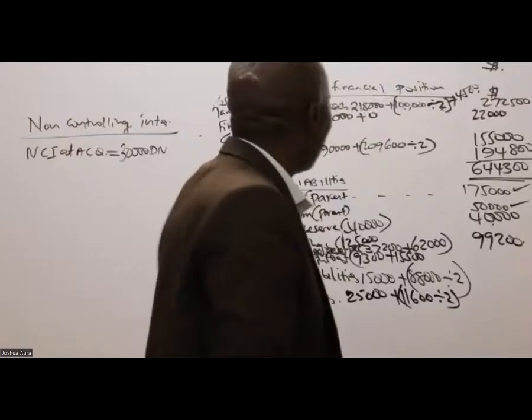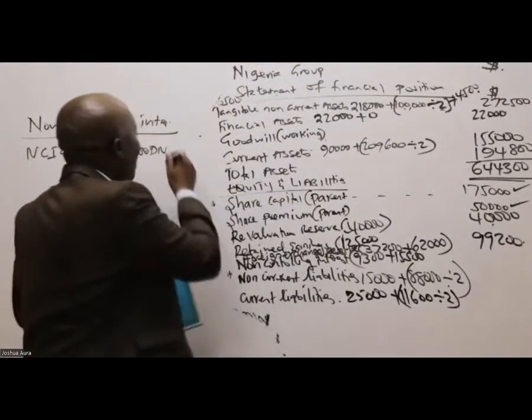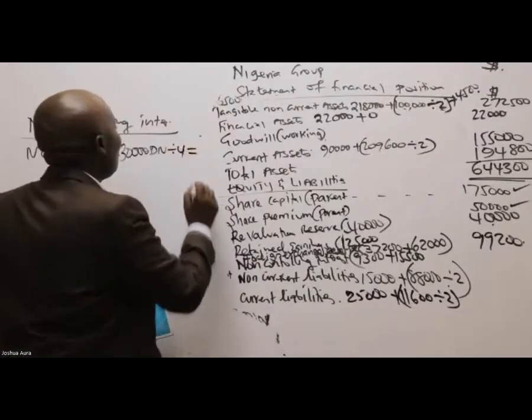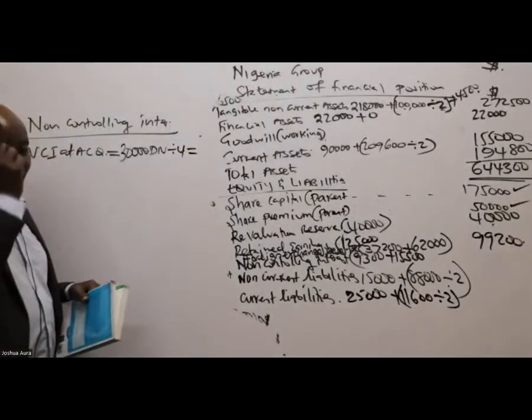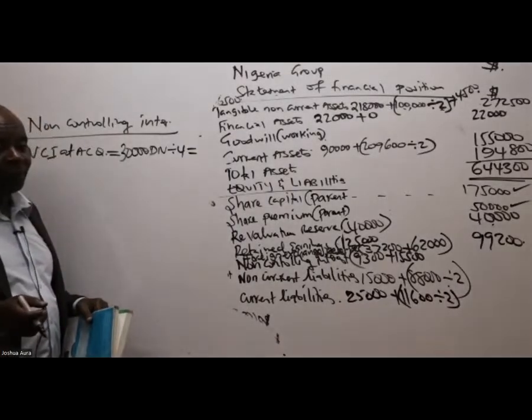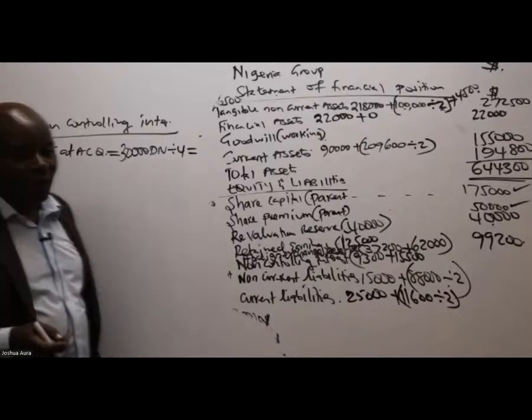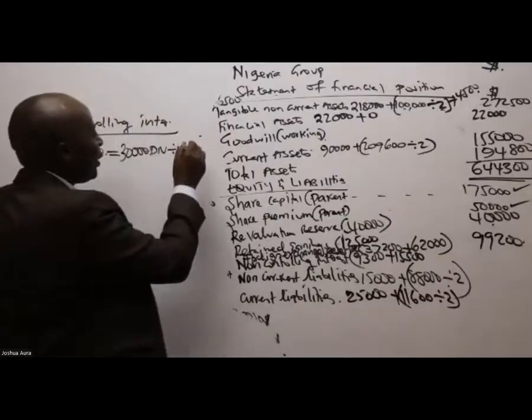Because you can even see here we are saying NCI at acquisition at 4. So divide this with 4. Could you kindly give me this figure? Yes, so 7,500. Thank you very much.